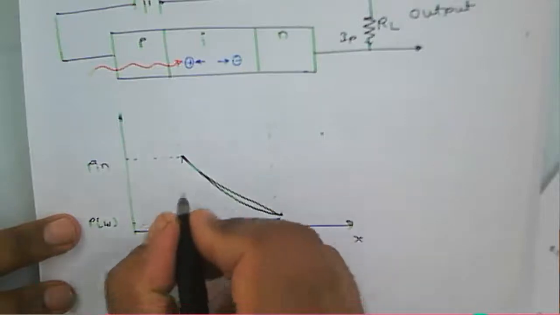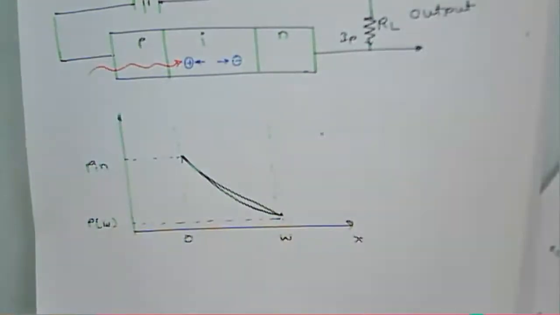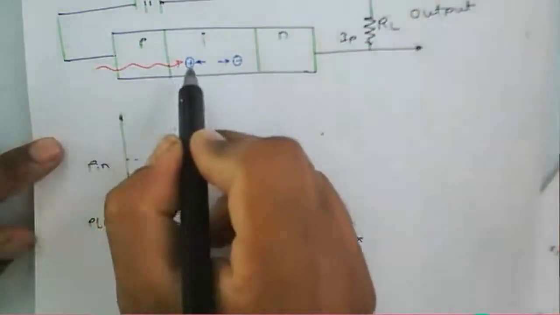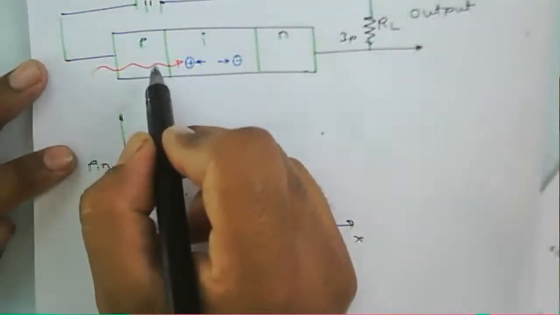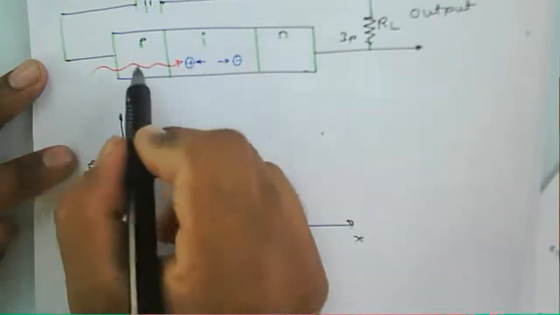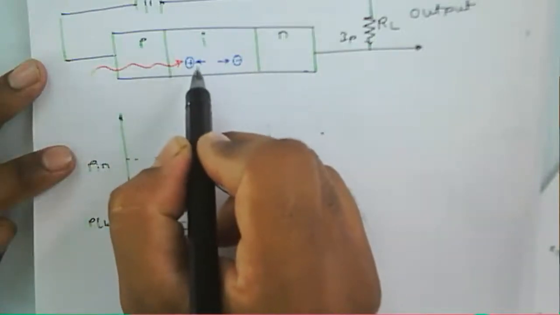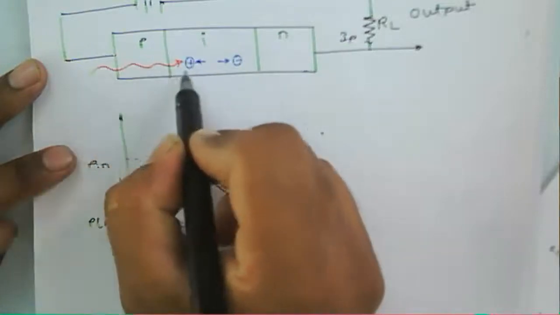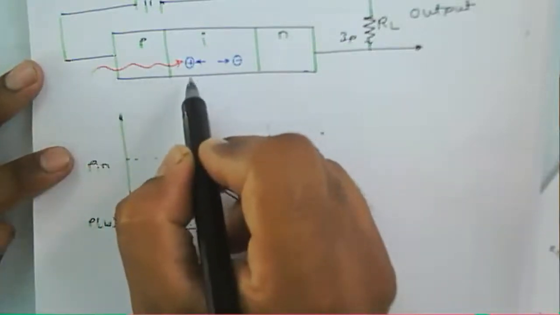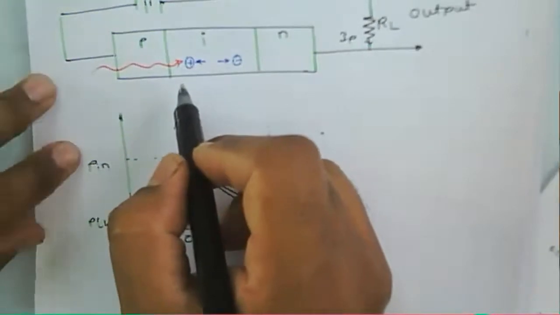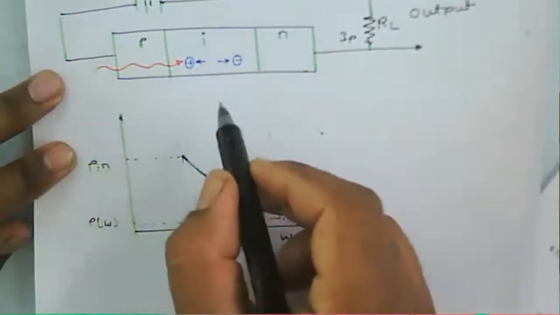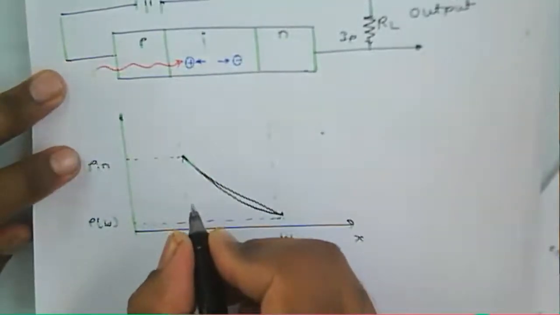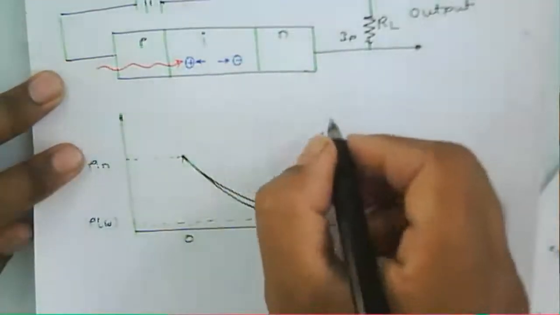So we can calculate an incremental power level because of the flux that travels. The input power is about the flux that travels through this, and that's why we can calculate the power in terms of an incremental power with an incremental distance.